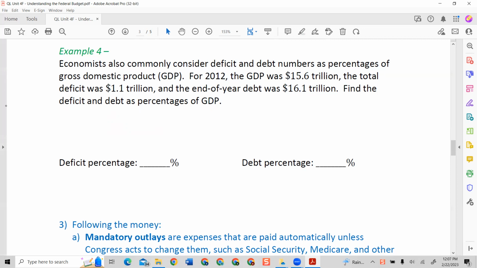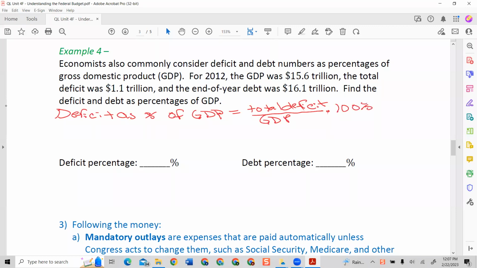First things first, I'm going to divide. Let me get some information for you. This is my first one I want to do. So I'm going to take the total deficit divided by the GDP. And I'm going to multiply it by 100% because I'm going to put it in percent.